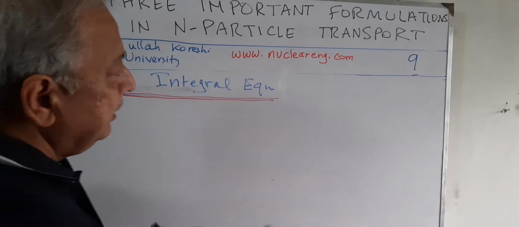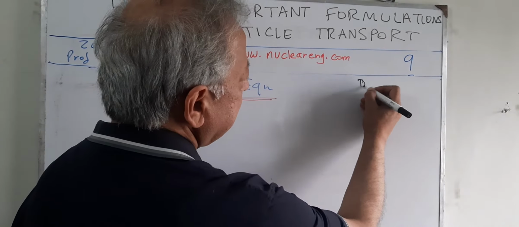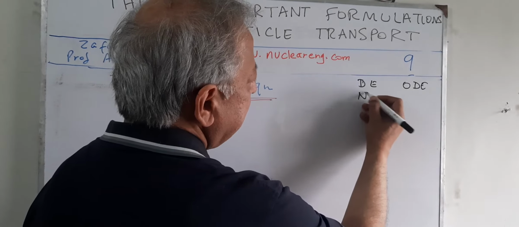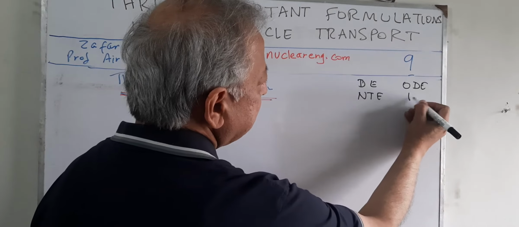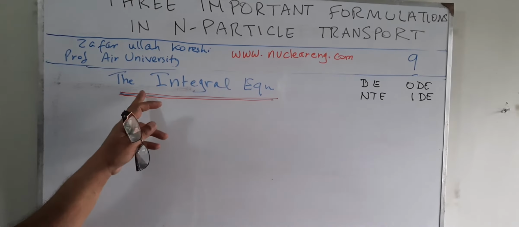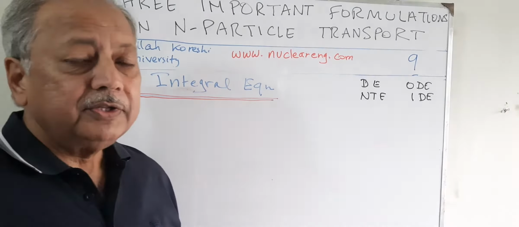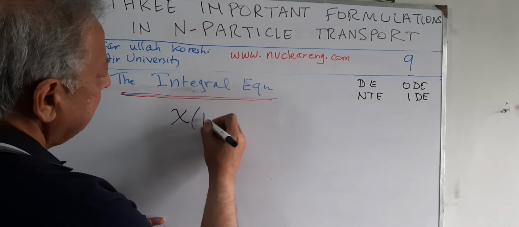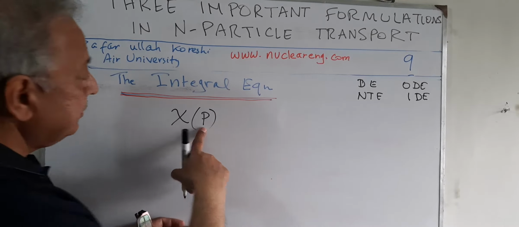Okay, so in the first diffusion equation, remember we had ODEs. In the second, the neutron transfer equation, we had an integral differential equation. Now I'm going to talk to you about the integral equation. Now, if you integrate the integral differential equation, then you can write something like: P is again the phase space.